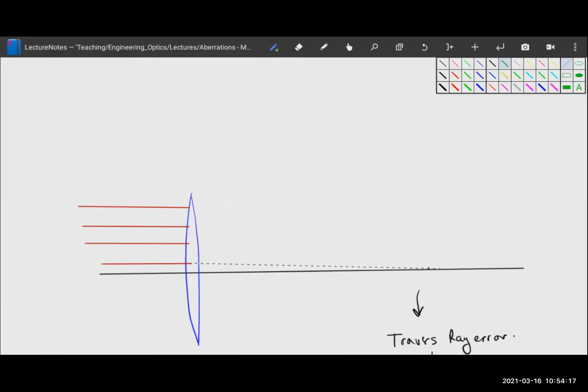As we know, the rays that go through, that are closest to the optical axis, are going to be the least aberrated. And so they're going to go through there. But as you saw in your optical designs, as you get farther out in the exit pupil, these rays are going to, I'm exaggerating it a lot here, intersect the optical axis closer and closer to the lens, or maybe even farther away, right?